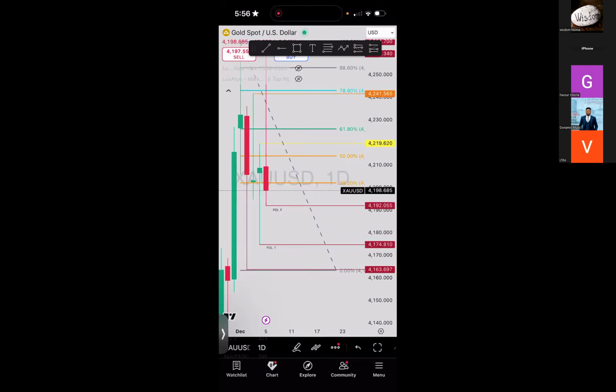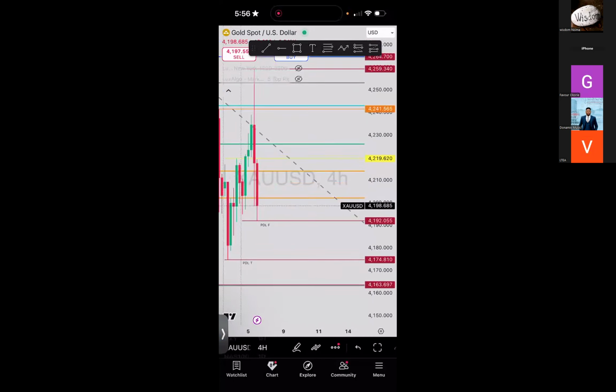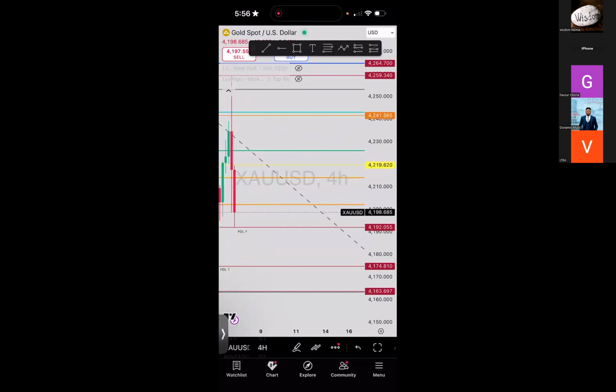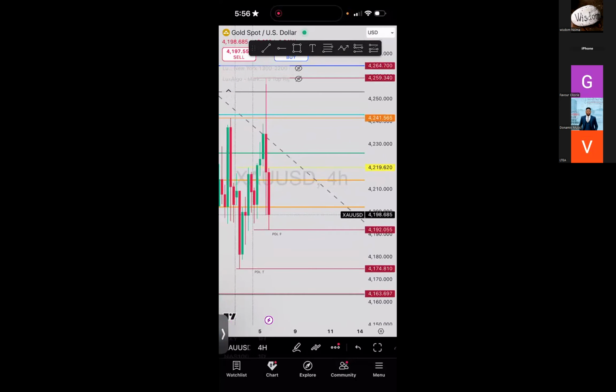Now go back to the 4-hour. This yellow line, which is above the 50% of this area, is the inversion fair value gap where price closes below, and it can serve. You see that 50% of your fib, right?